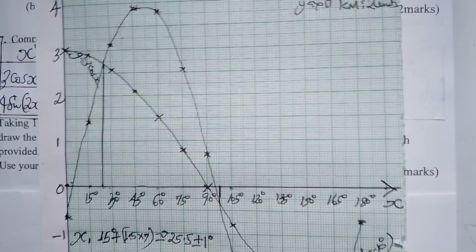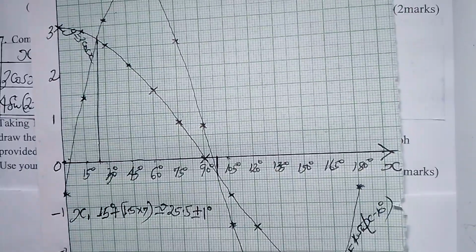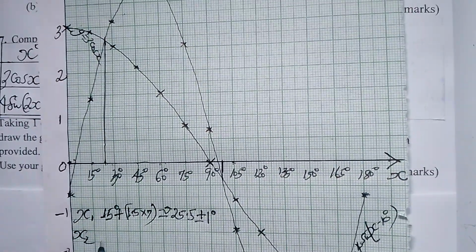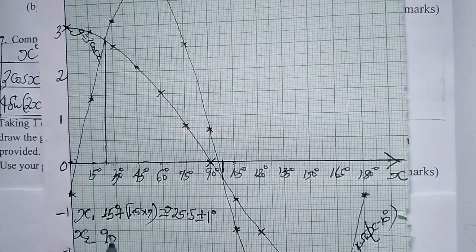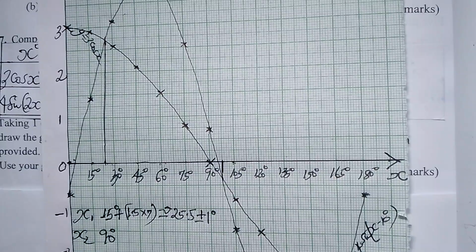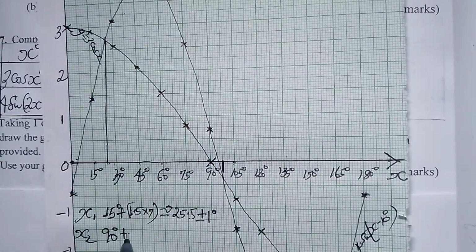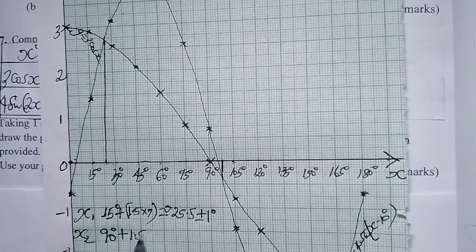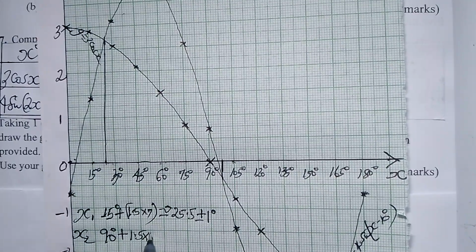So the value of x2 will be equal to 90 degrees plus 1.5 times 5 small squares.